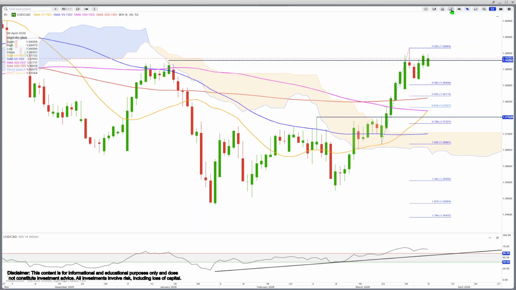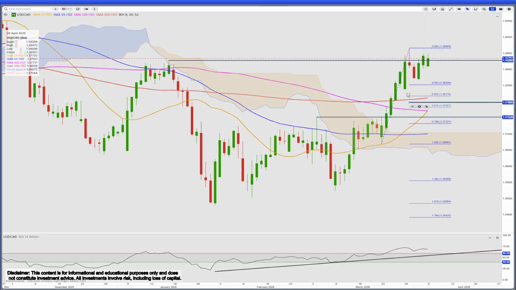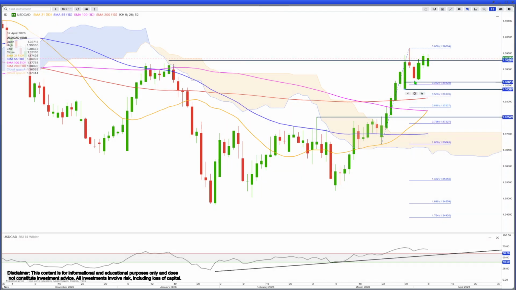However, as long as we stay above, and let me just add two lines actually, because there could be some support here at 138.65 and 138.35. If it takes out these levels, first one, then this one, and then this lower level at 138.35, then we could see a further setback below 137.80, possibly all the way down to these levels around 137.5.